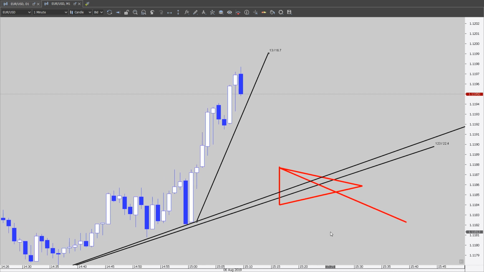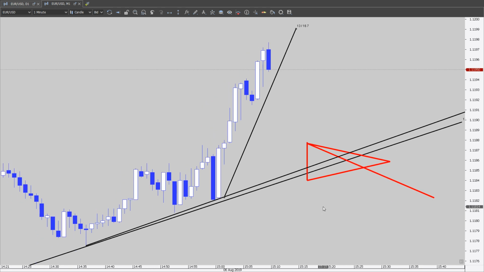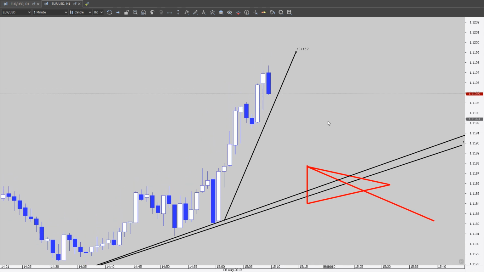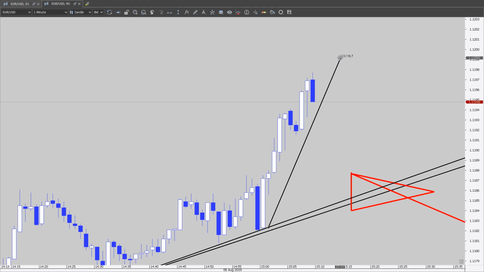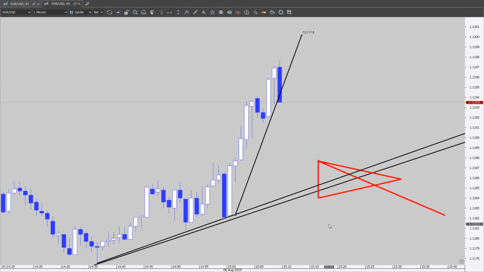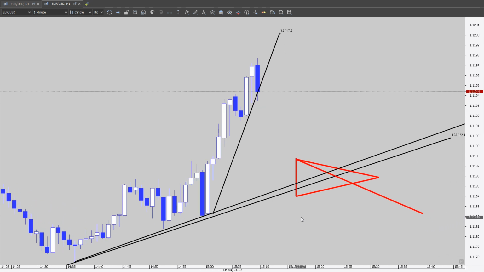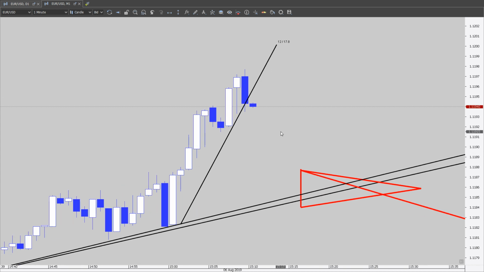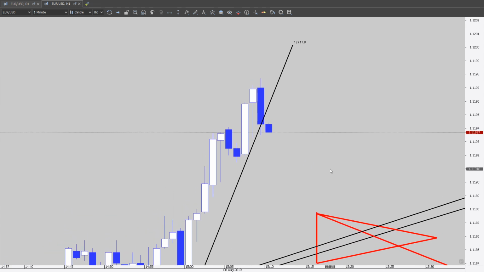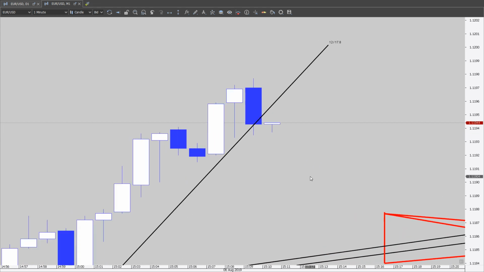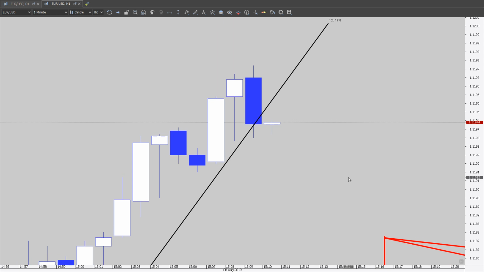Anyway, you should not break any wicks or body of the candles, right? Something like this. Now, this is the 1 minute chart, and as you can see, the market closed this candle like this, right? So when this happens, you need to wait.